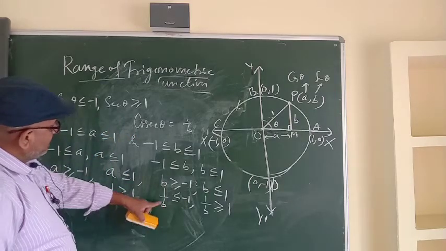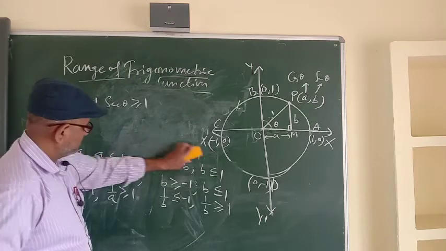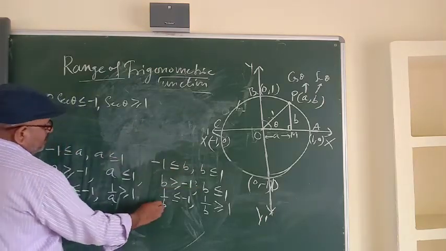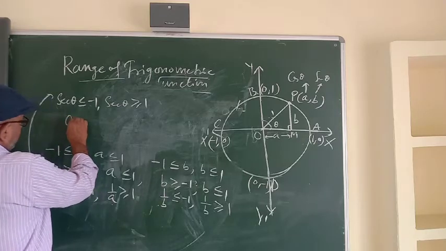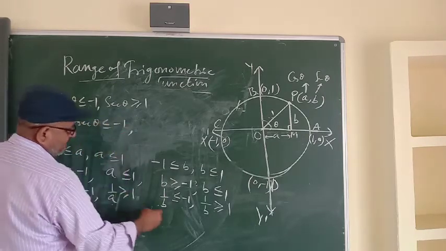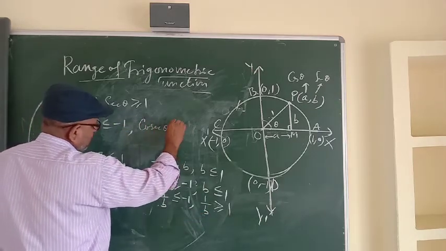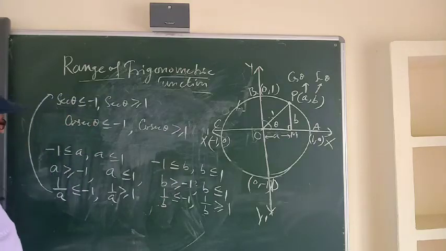And here 1 by B is cosec theta. So we can also write cosec theta less than or equal to -1 and cosec theta greater than or equal to 1.